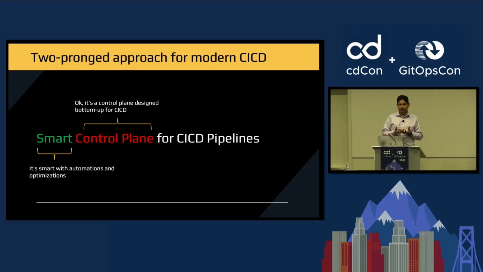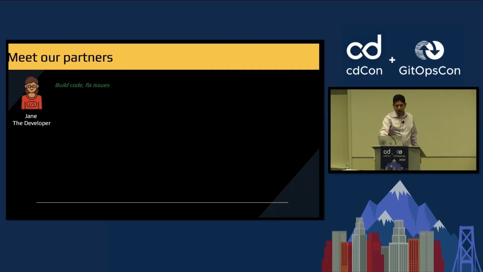Okay, so before I get going in detail, let's talk about who our partners in this are. There are several user personas or actors for a CI/CD pipeline. Developers, QA engineers, release managers, your InfoSec and security engineers, CISO.